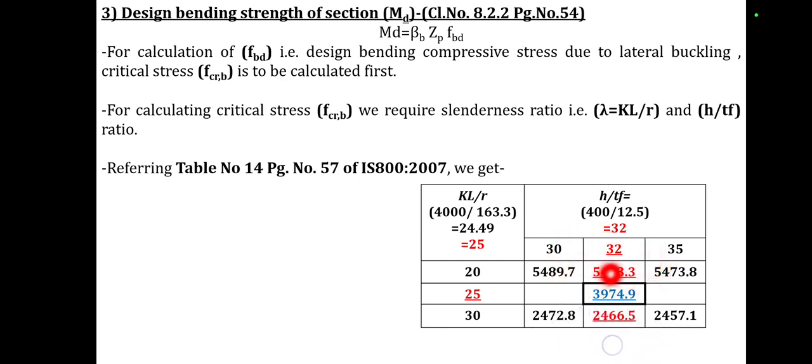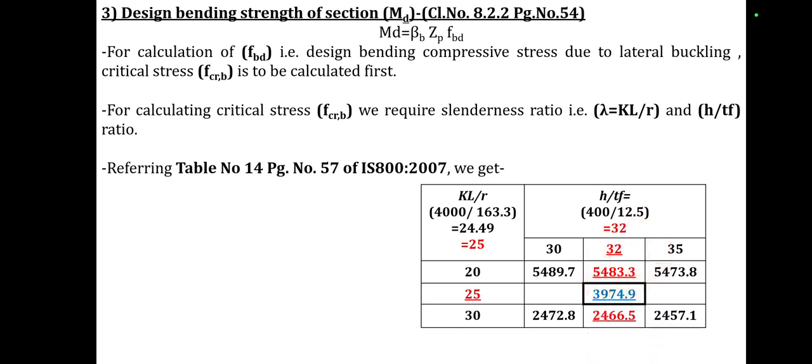Therefore, we have to first interpolate to calculate the value. We first interpolate and calculate the value for H upon TF equal to 32 for KL upon R 20, which is equal to 5483.3. Thereafter, we calculate the value for H upon TF of 32 and KL upon R 30. That value is 2466.5.